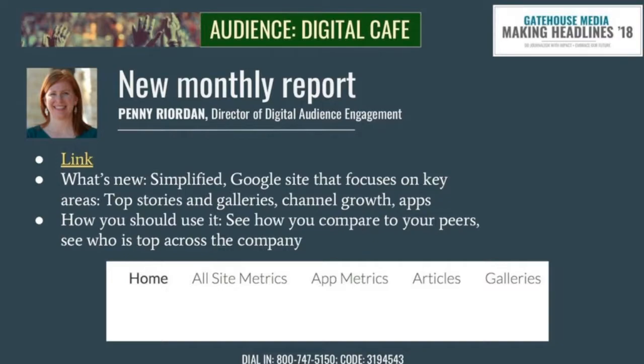You'll want to make sure you scroll down on the home page as well because we have some data visualizations there showing channel trends. So focusing on audience growth really means looking at your different channel acquisitions. So that's Facebook or social, search, email, direct, et cetera, and seeing how you're doing compared to trend lines for last year.